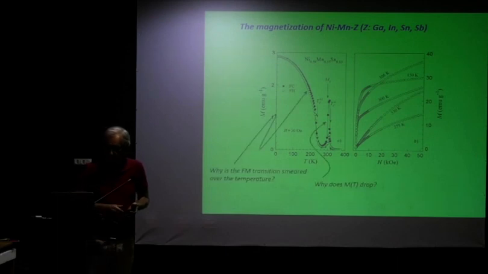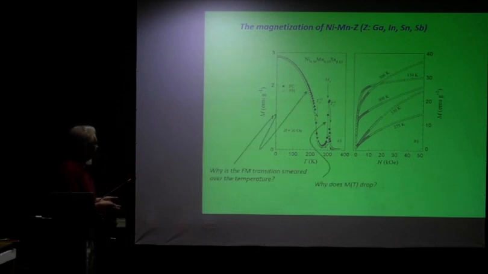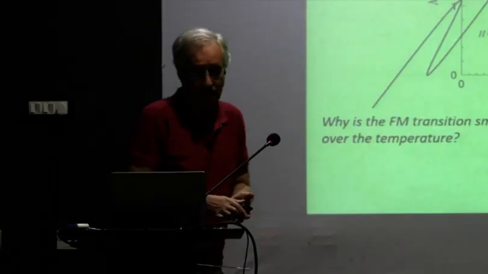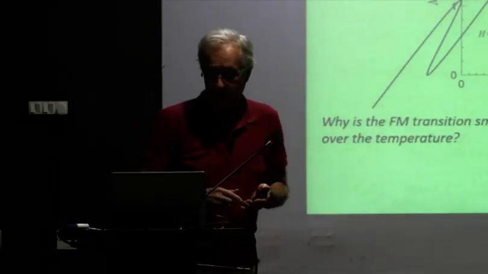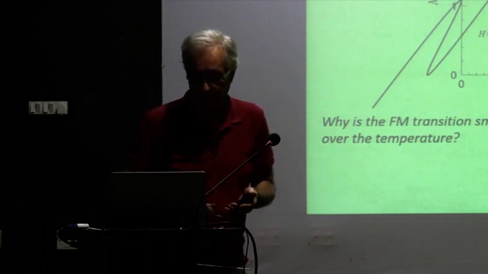So the questions we ask are, first, why does this drop? And secondly, why is this ferromagnetic transition smeared over the temperature? Those are two things we'd like to look at and see.